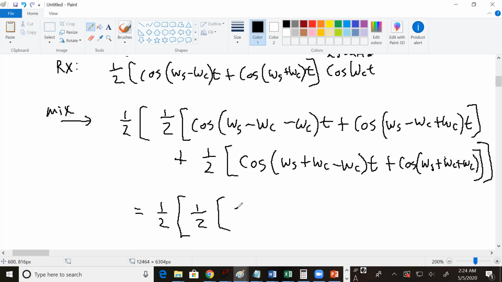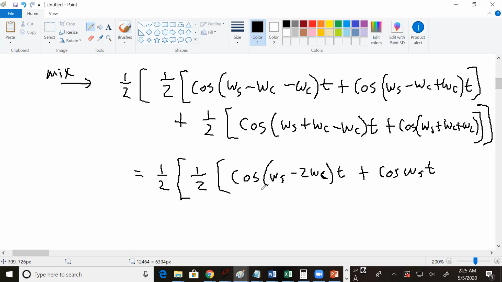You look at this, you get cosine of your signal minus 2 omega c t, plus cosine omega s t, which is your original signal that you want to get back.